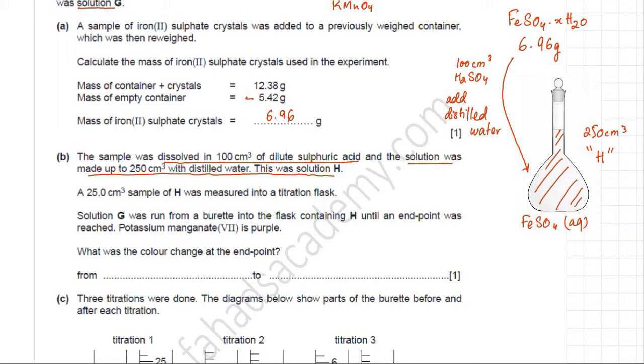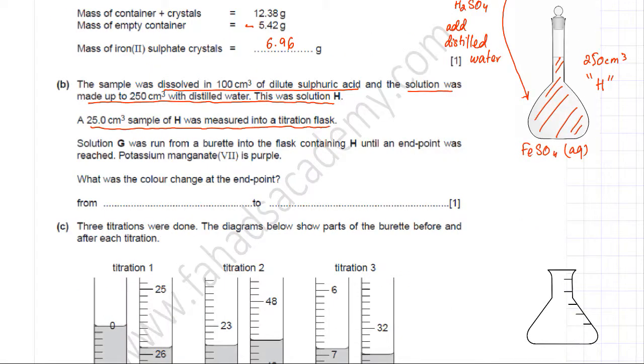Now in the next part, a 25 cm3 sample of H was measured into a titration flask. Remember, we made a 250 cm3 sample of solution H. So we are transferring 25 cm3 of H into a titration flask.